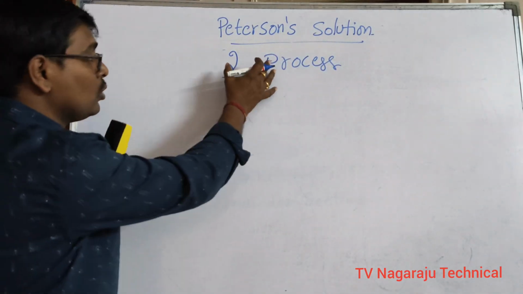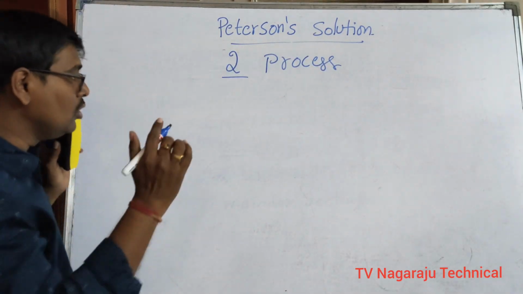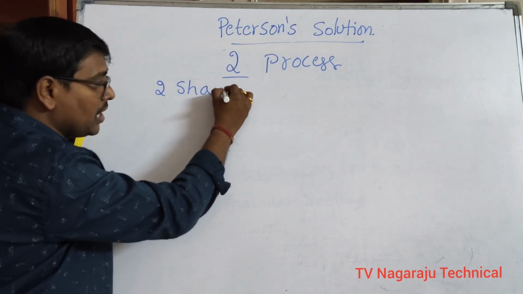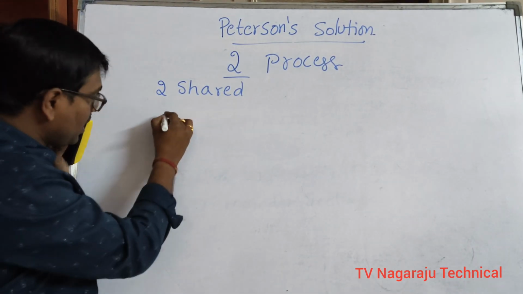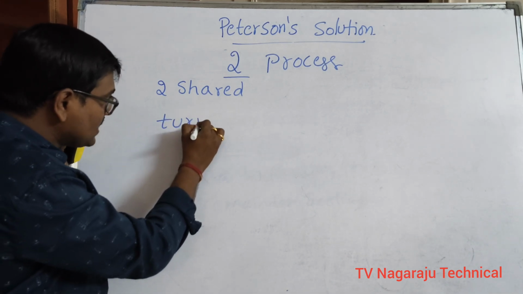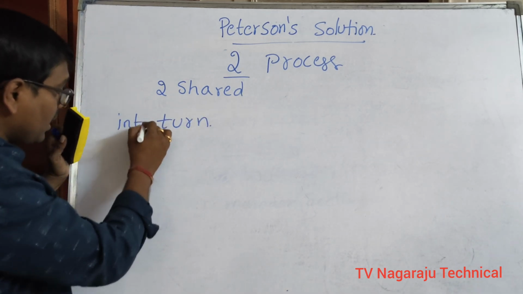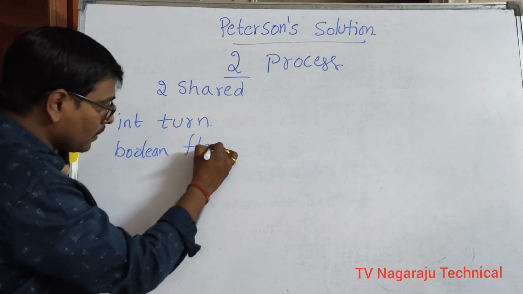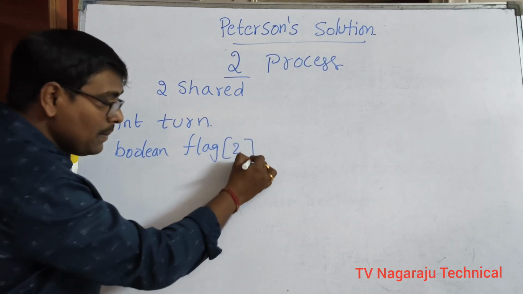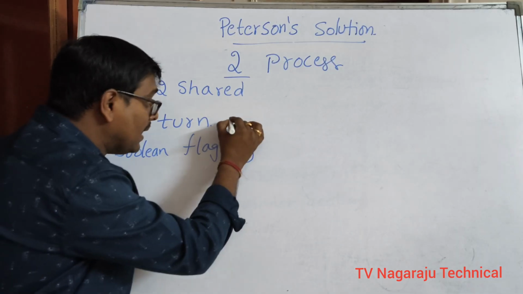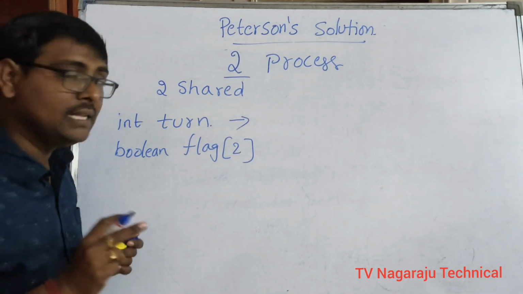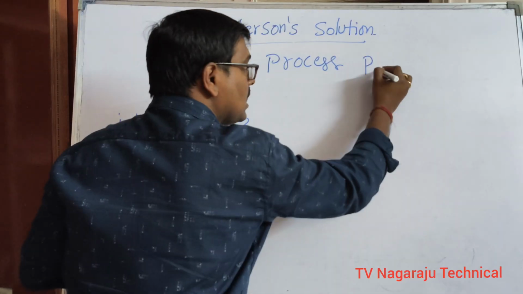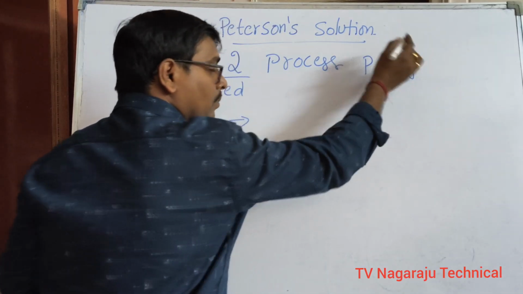Now, coming to the solution, this solution mainly uses two shared variables: one is turn and the next is a flag variable. What is the meaning of these two variables? Suppose, as I already said, it is allowed only for two processes, Pi and Pj.